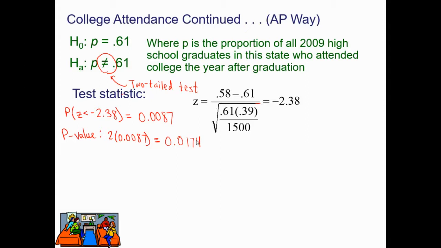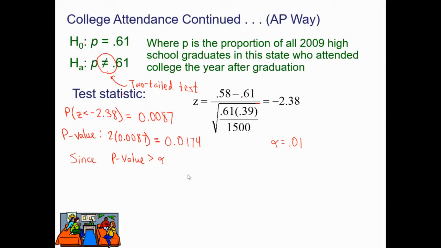Okay, so let's compare this to our alpha. What alpha does it tell us in the problem we need to use? Alpha is .01. Is this bigger than alpha or smaller than alpha? The p-value is bigger. So since the p-value is greater than alpha, what would we have to do?